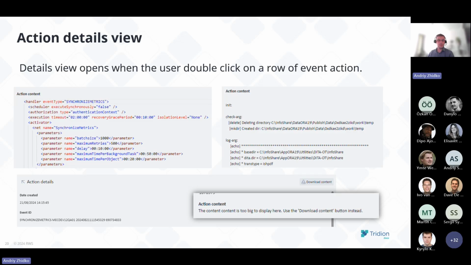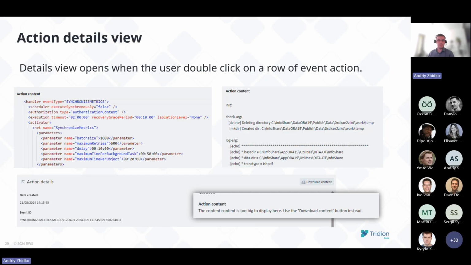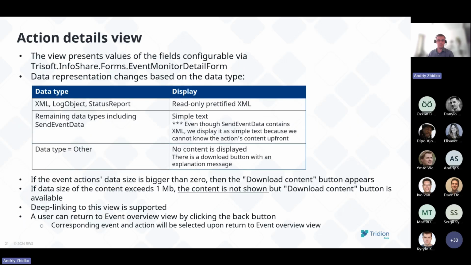As you can see, you have different data types for the action details. In the list, we are trying to display them in a prettified format. On the next slide, I will explain the way we do it for different data types.